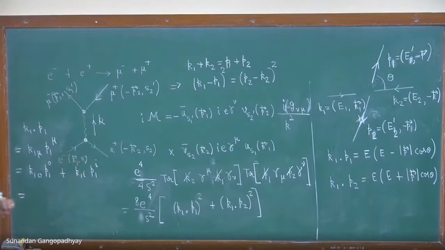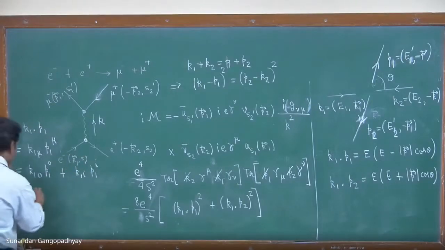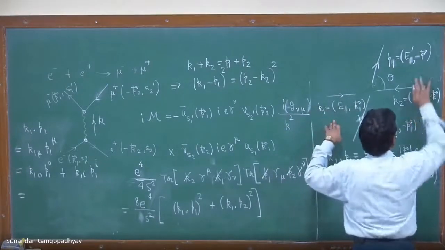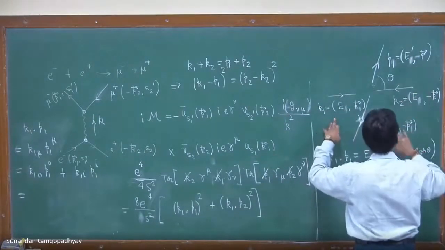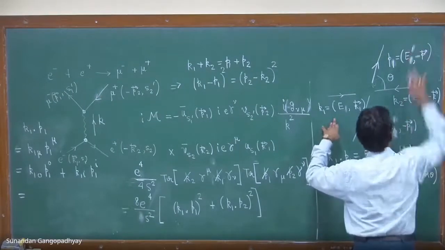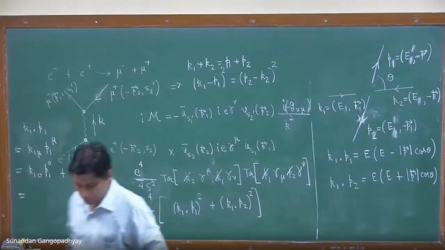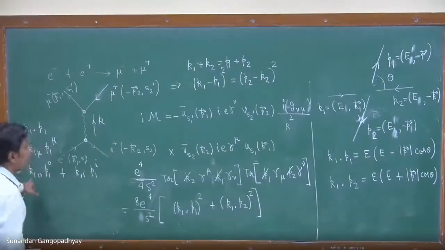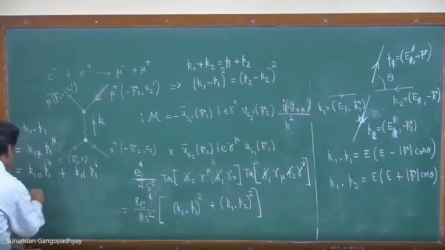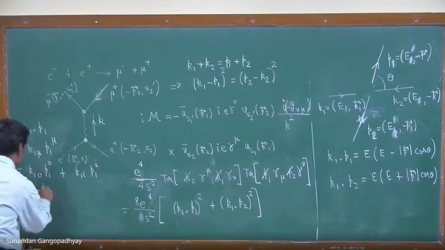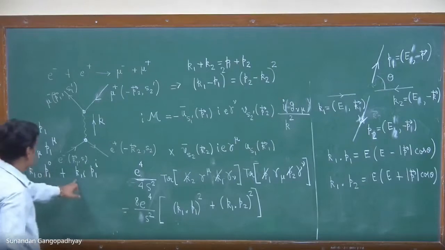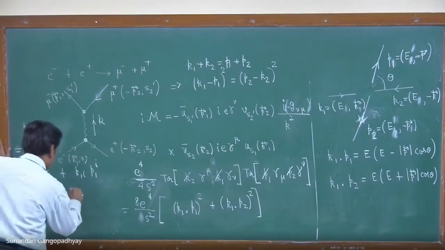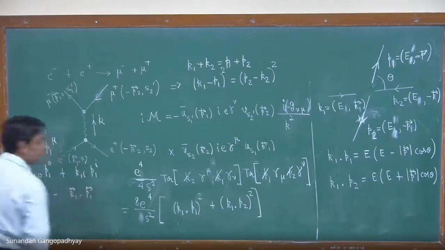The zeroth component of the 4 momentum K1, since the energy of all the particles is the same, that is basically E. P1 zero is also E, so this gives you E square minus, you can take this i upstairs, so this becomes K1 vector dot P1 vector.